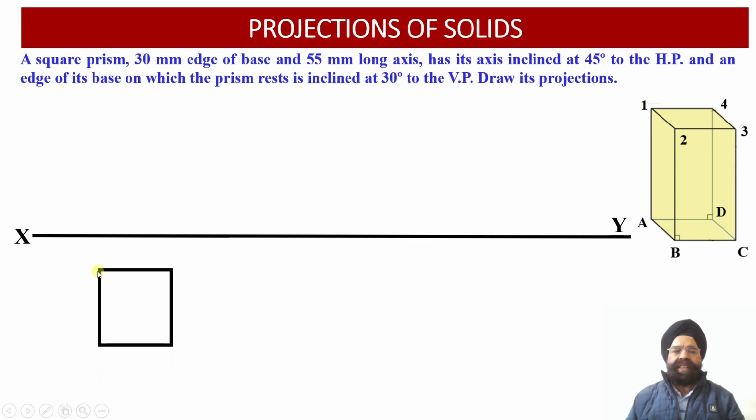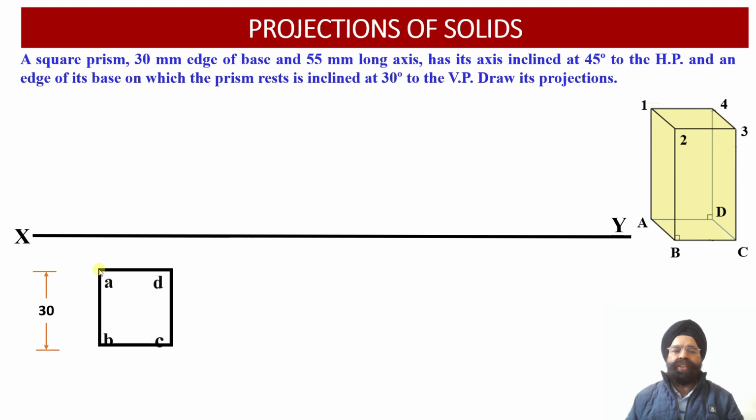As we have discussed, the top view projection of the square prism will be a square, with the edge of the square equal to 30 millimeter. So we draw the square top view below the XY reference line.